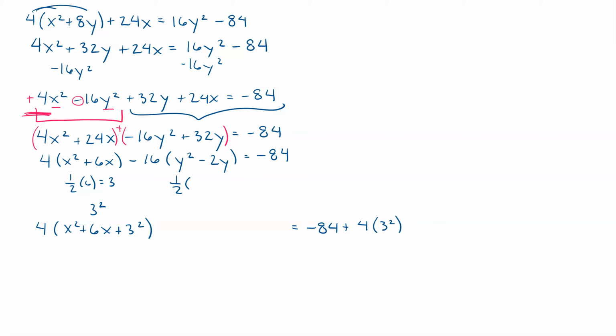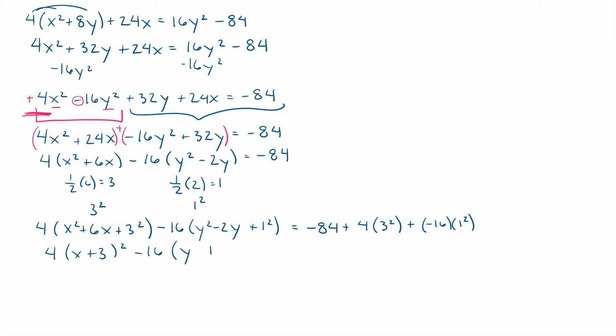Now I go 1/2 of 2, which is 1, square it, add that to both sides. And then I form my perfect squares. First term, last term, middle sign squared, minus 16 times first term, last term, middle sign squared equals, adding all of that together, I get negative 64.